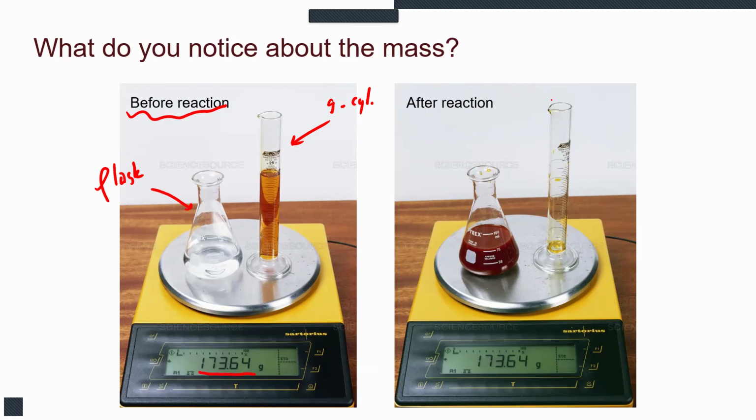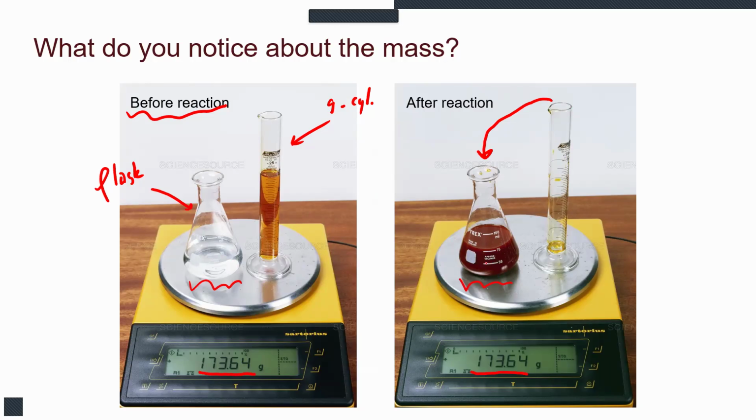When we take the contents from the graduated cylinder and add them to the Erlenmeyer flask, that's going to also equal 173.64. I think everyone would pretty safely agree that the solution in our flask from before and after the reaction is different. It's clear before the reaction, and then it's cloudy and dark after the reaction.